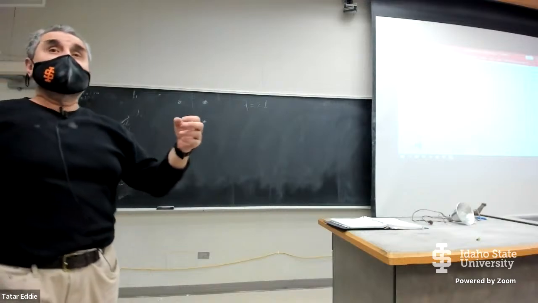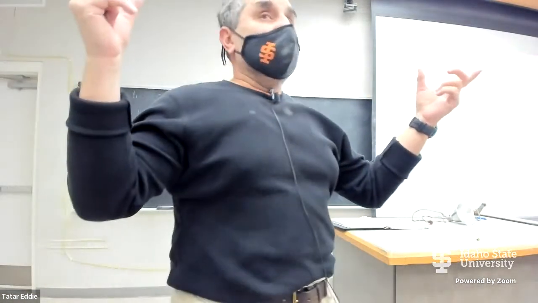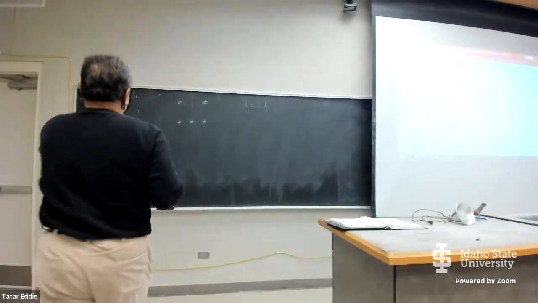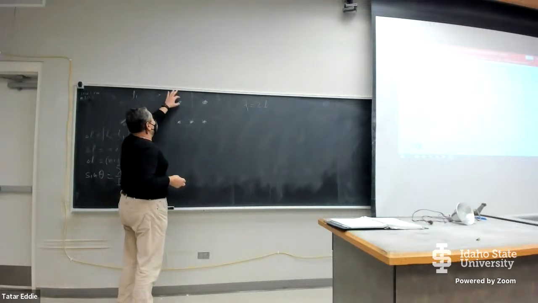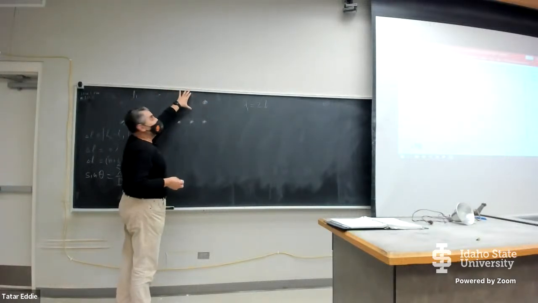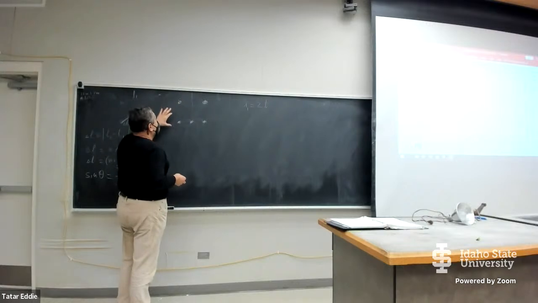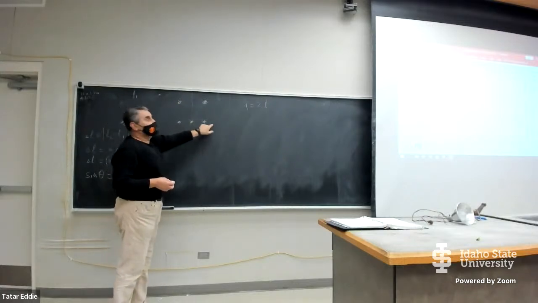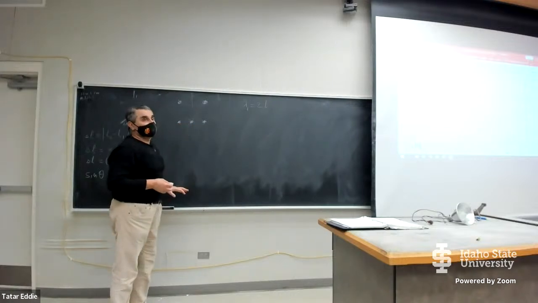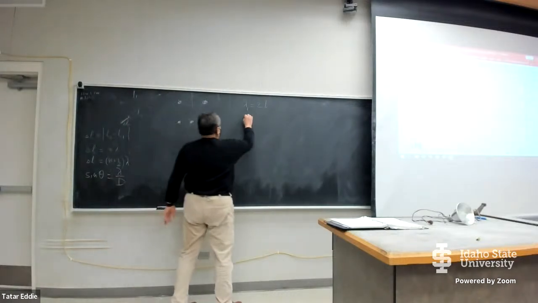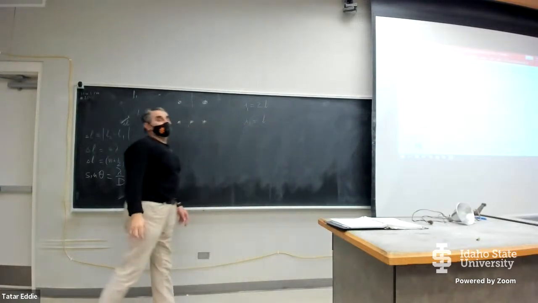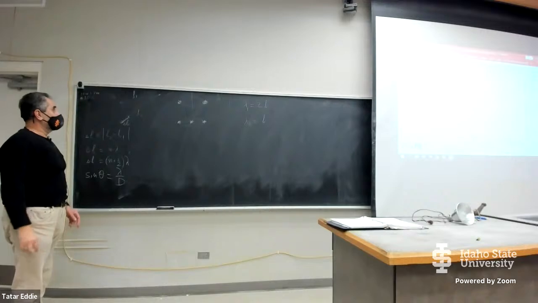Since we're talking about a string with 2 fixed ends, at the 2 fixed ends you are always going to have nodes. The first harmonic is going to have only those 2 nodes and 1 antinode in the middle. The second harmonic is going to have 3 nodes and 2 antinodes. You see that the wavelength of the second harmonic is exactly equal to the length of the string.